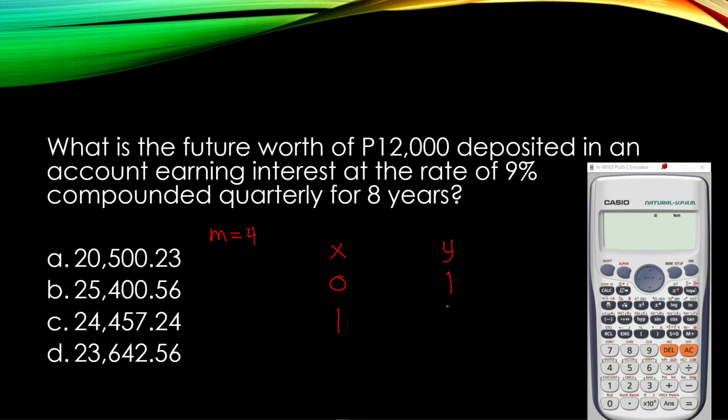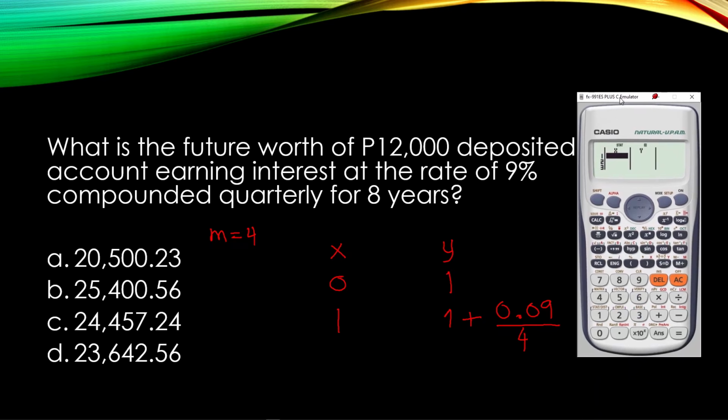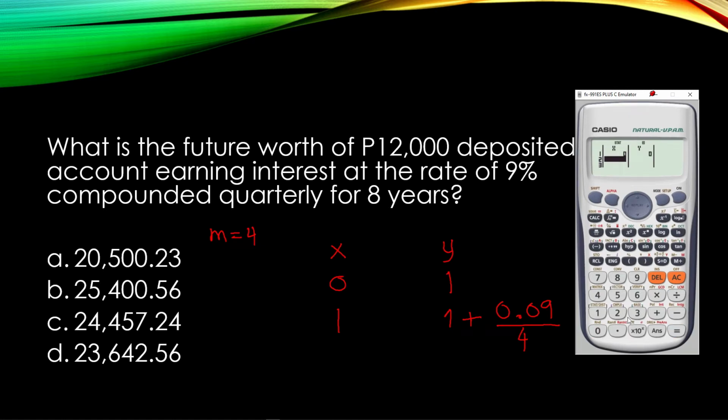And then, initially, meron tayong 1. Tapos, ito yung interest natin. Kumbaga, 1 plus, since this is 9% compounded, that would be 0.09. Pero, divide natin yan, since this is the nominal rate, 9%, by M is equal to 4. Remember that this is our R and this is our M. So, R over M, yun yung i natin. So, input lang natin yun sa calculator. So, we have mode 3-6 and then, lagay natin na 0 and then 1.